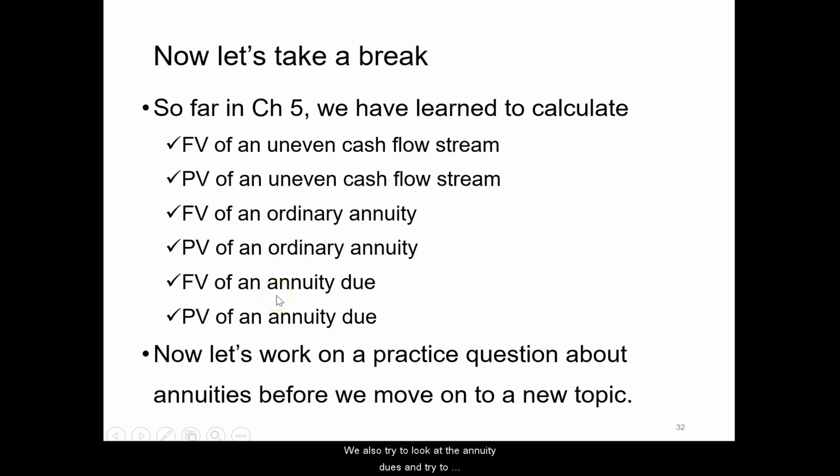We also looked at the annuity dues and calculated the future value and present value of the annuity due, either directly under the beginning mode of your calculator, or by calculating the value of the ordinary annuity and then multiplying by 1 plus i. Now let's work on a practice question about the annuities before we start a new topic.